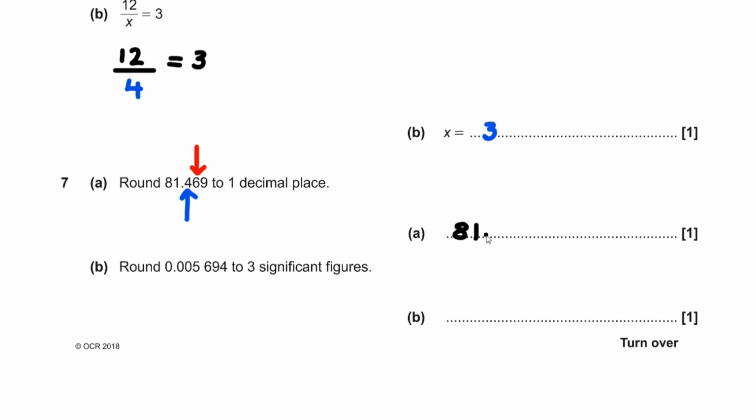So we have 81.5. Part B, round 0.005694 to 3 significant figures. If I take a look at the fourth significant figure, that's this 4.